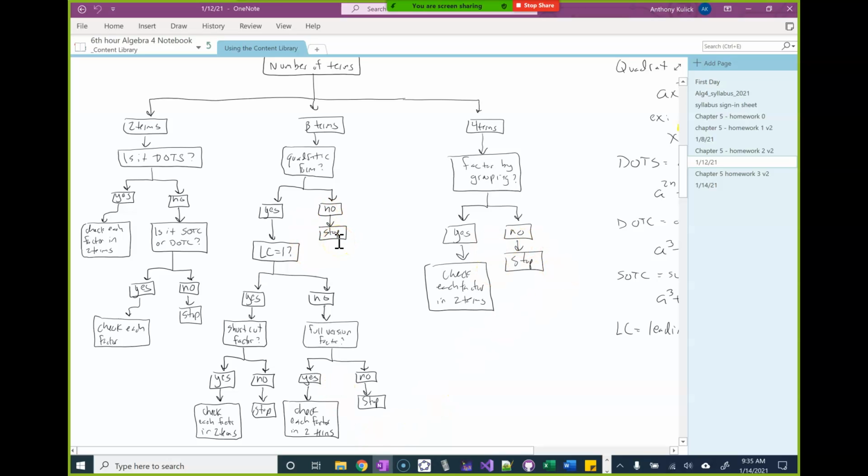Is that what you're asking? How to just tell right off the bat if it's factorable or not?